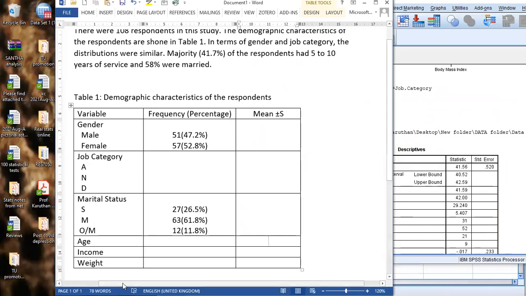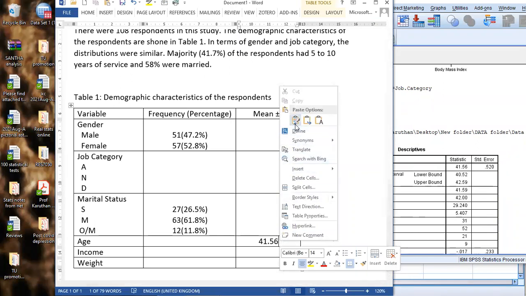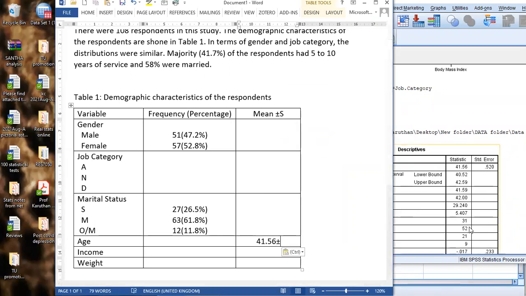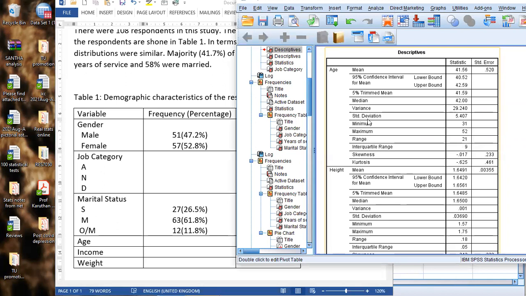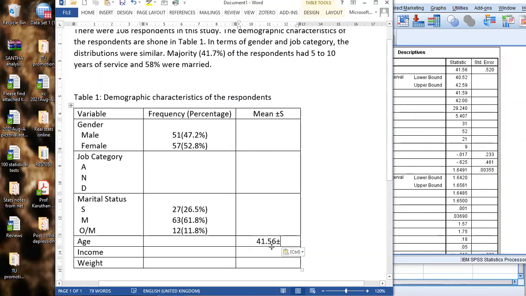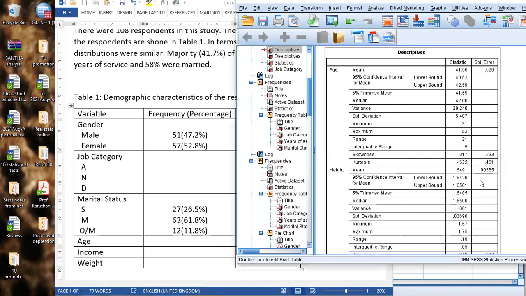Mean age 41.56 plus minus. What is the standard deviation for age? The standard deviation is 5.41. Two decimals are enough.